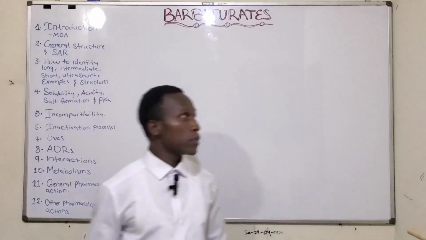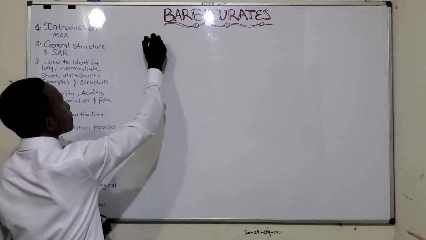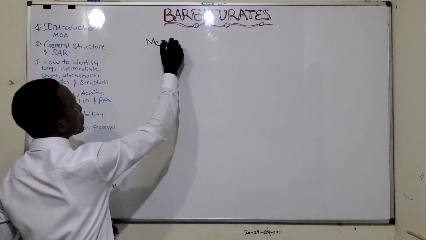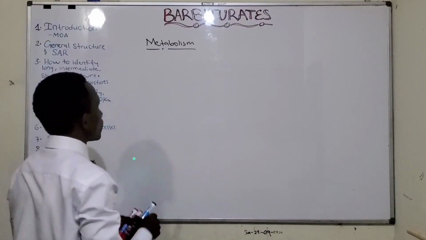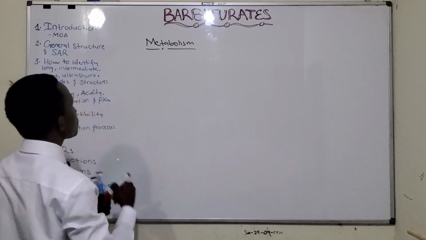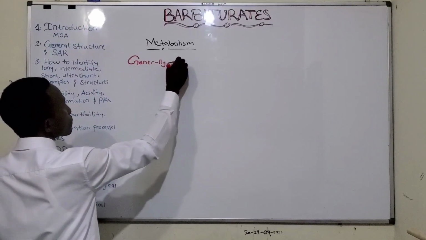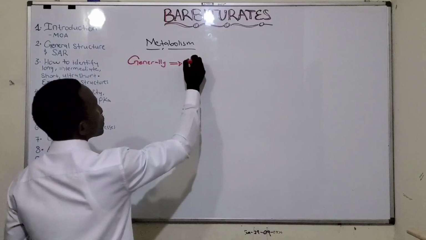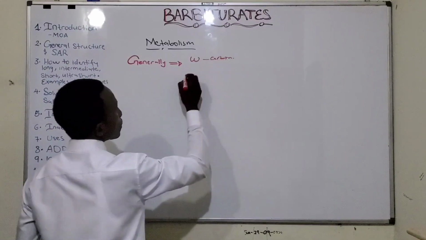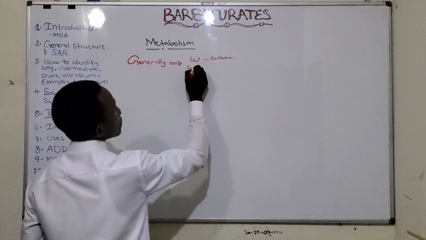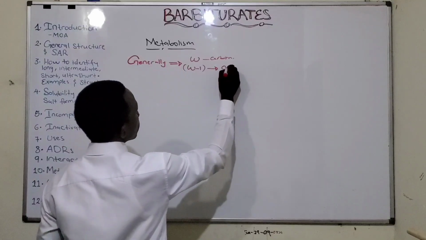Let's talk about the metabolism of some drugs. Generally, metabolism is at the omega carbon or the second carbon to the last carbon.